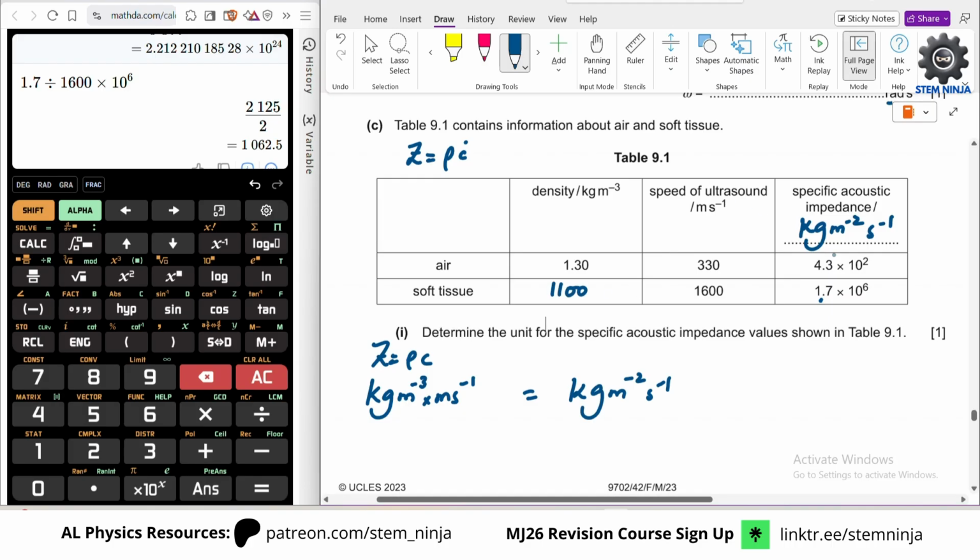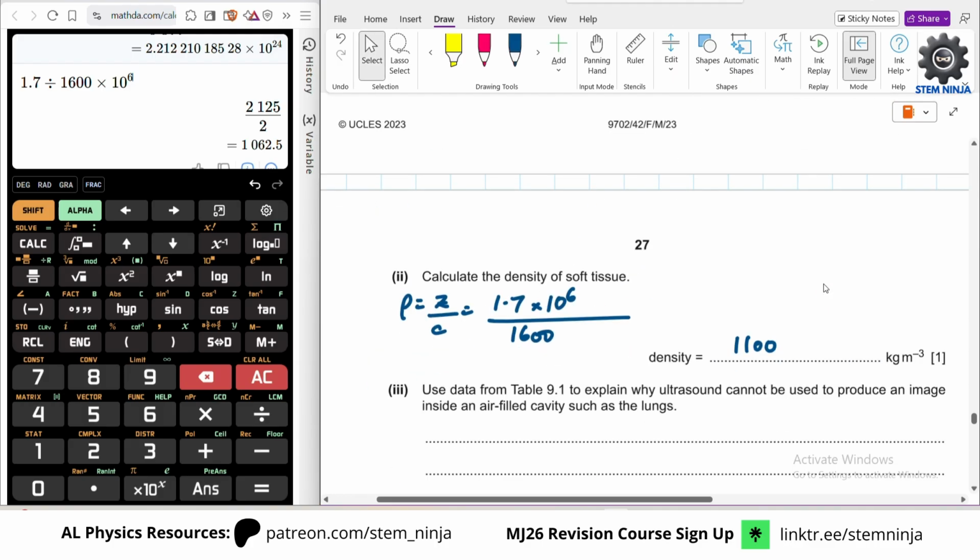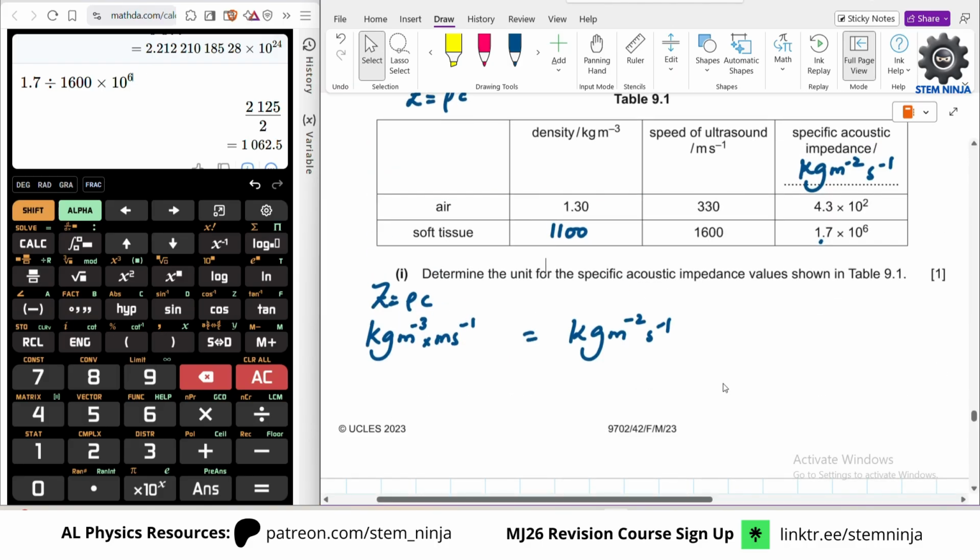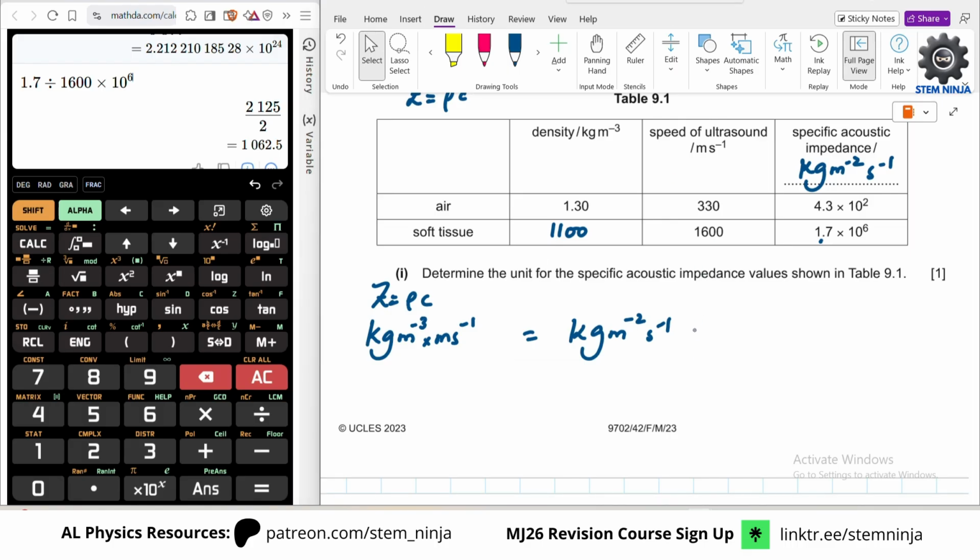So we need the data to explain why ultrasound cannot be used to produce an image inside an air-filled cavity such as the lungs. We need to give the answer in terms of the intensity reflection coefficient. So the reflection coefficient would be Z2 minus Z1.